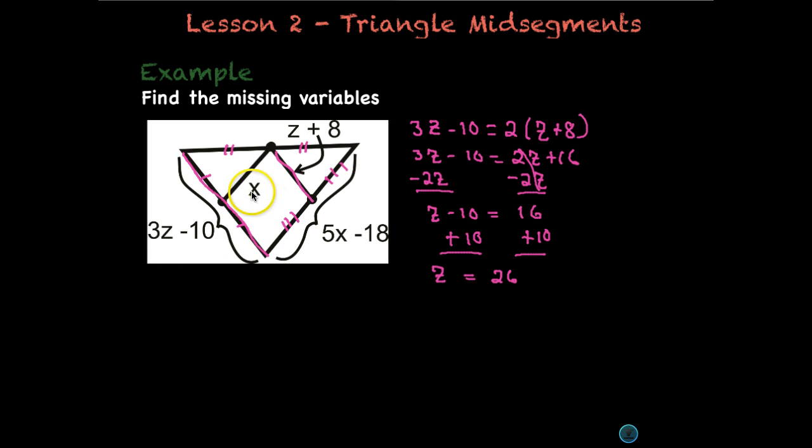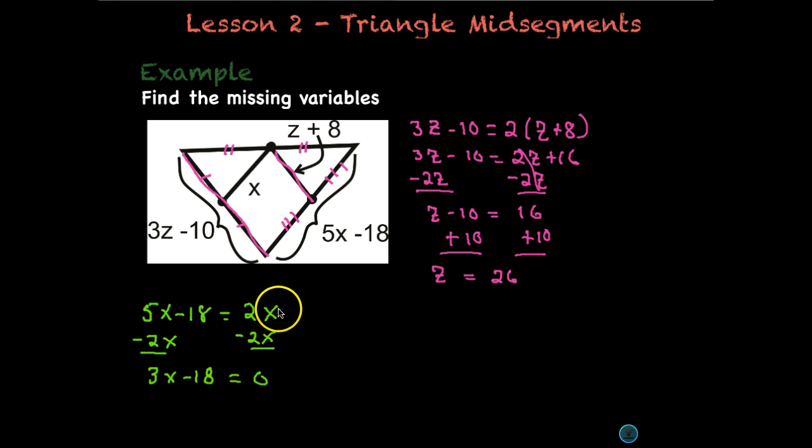Okay, let's move on to the other variable x. So we know then that x is either 1/2 of the base here, or we know that this base is equal to double x. And again, I'm going to use that approach. So 5x minus 18 will be equal to 2 times x. I'm going to subtract 2x from both sides to simplify and solve for x. 5x minus 2x is 3x.